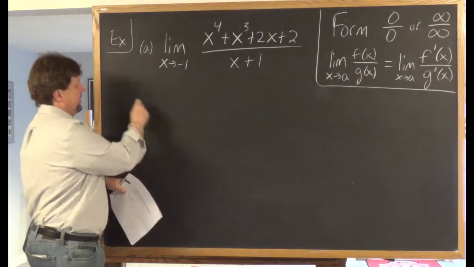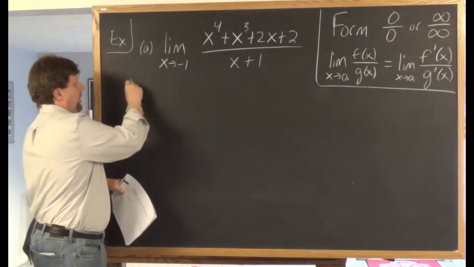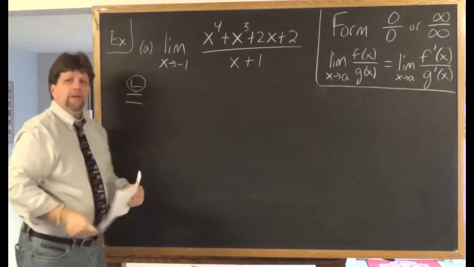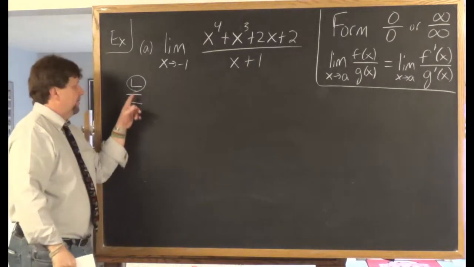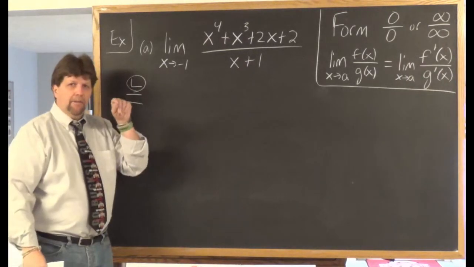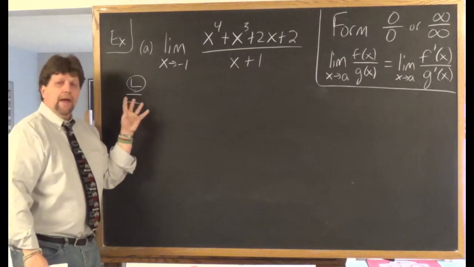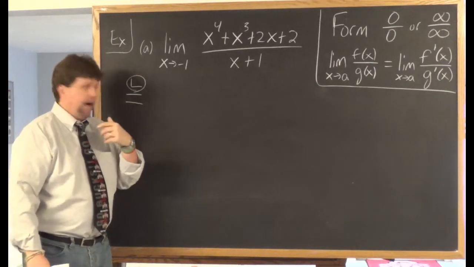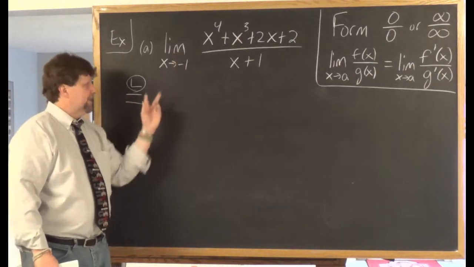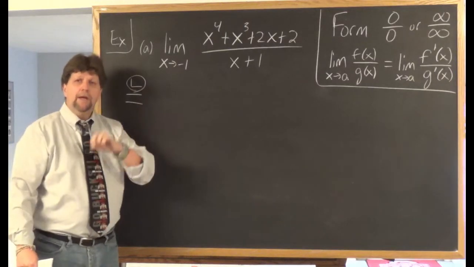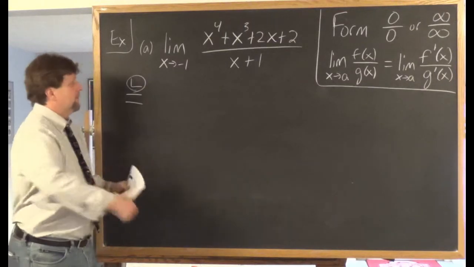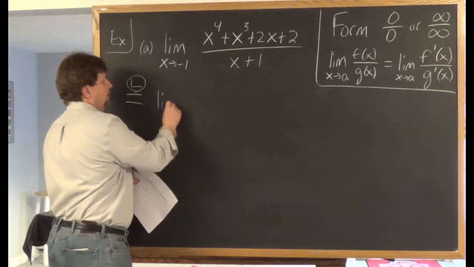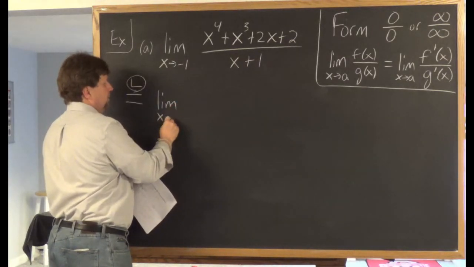And here's how I denote that we are employing L'Hopital's rule. We're going to the hospital. Equal sign, I put a little L above the equal sign and circle it. That way, when I look back at my work, I know from this step to this step I've employed L'Hopital's rule.